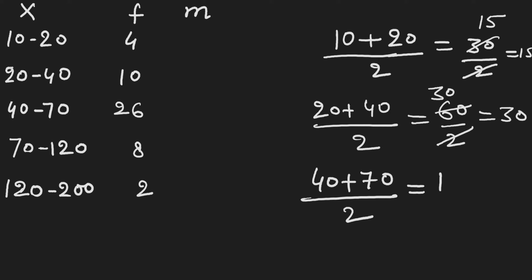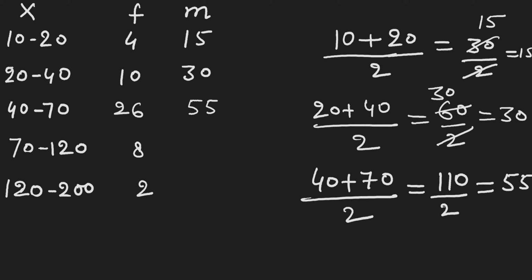So it will be 110 divided by 2, which is 55. In this way we can calculate the different mid values. So the mid values will be 15, then 30, then 55, then 95, and then 160.